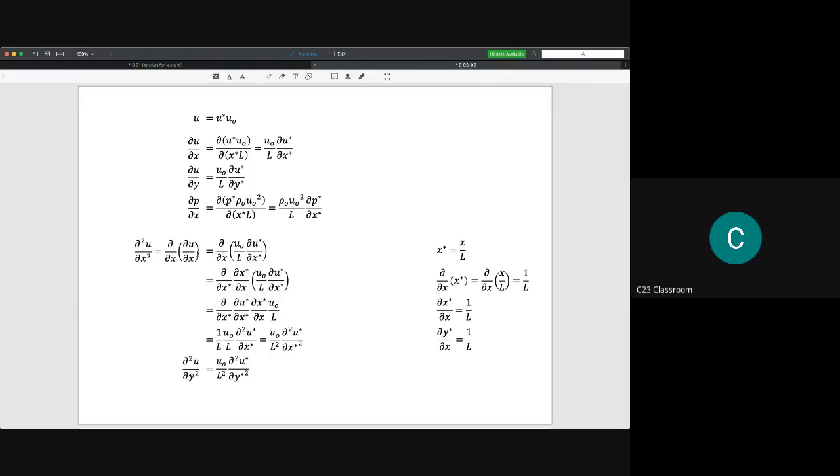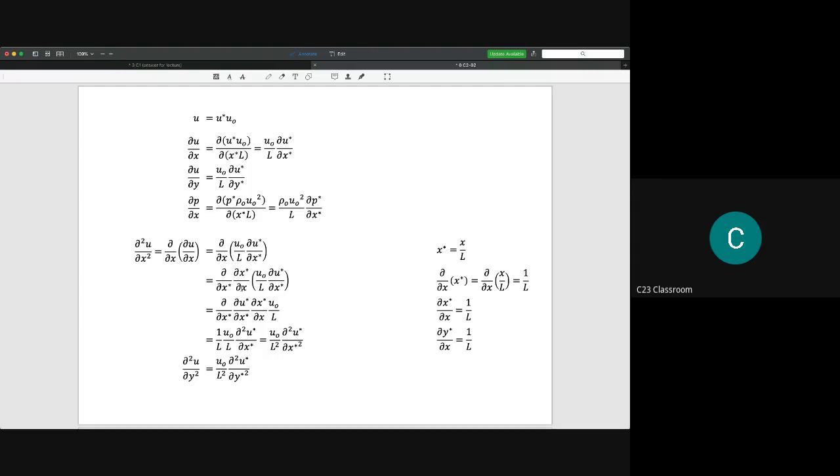If you do the mathematics, you can do it. First, we substitute the value of du dx here. du dx is already known from this calculation, so we substitute it in this one. Then what you need to do is give a dummy parameter. From here, del over del x, we just write as del over del x star times del x star over del x, which means the del x star here can be neglected.